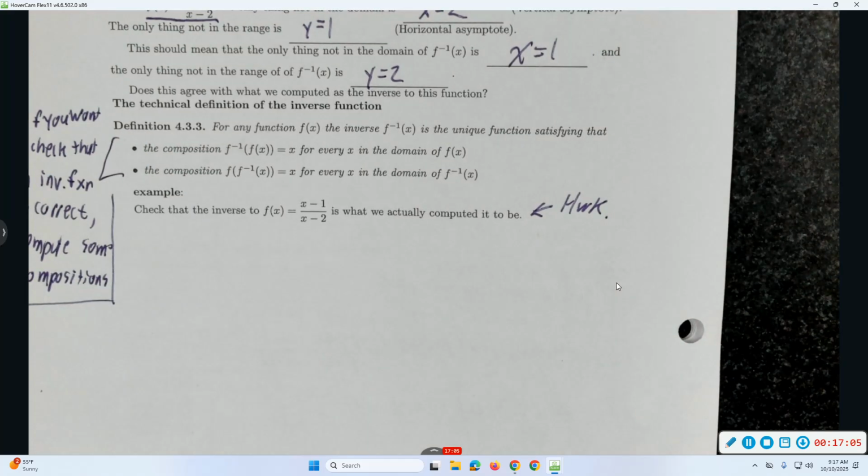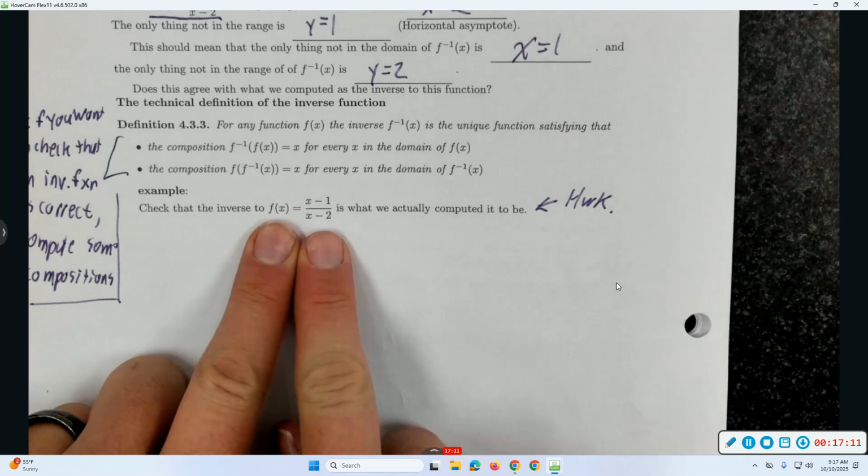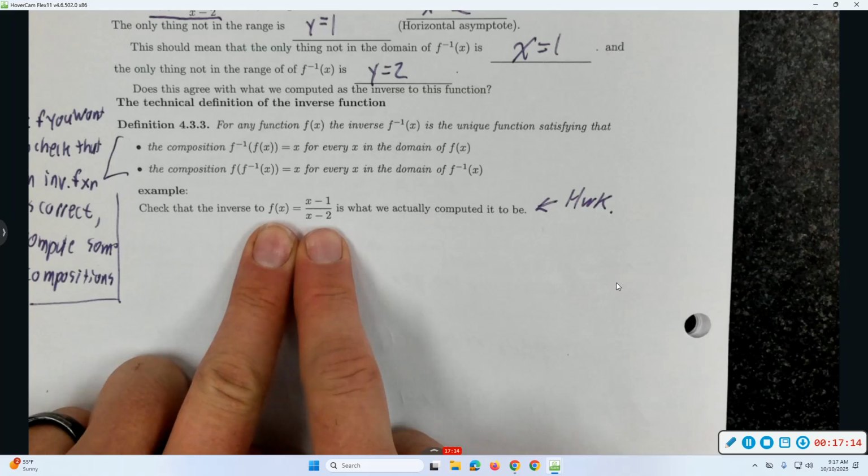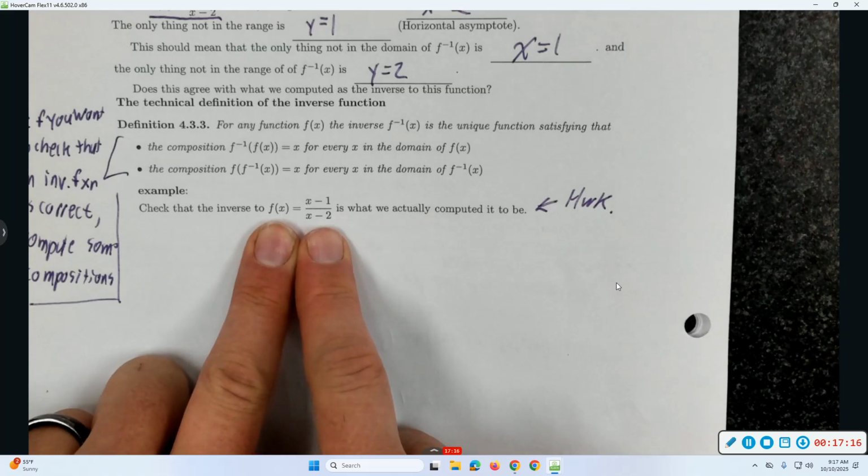Fair enough. So, let's go through and do this for the example that we've just done. Let's check that the inverse function to the function that we computed the inverse function to is the function that we think it should be.